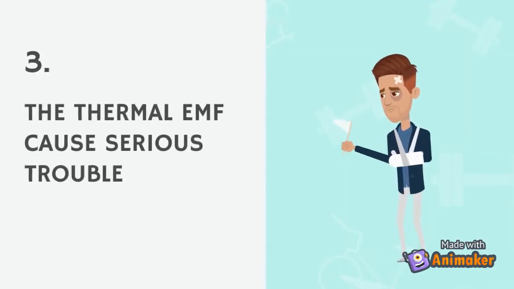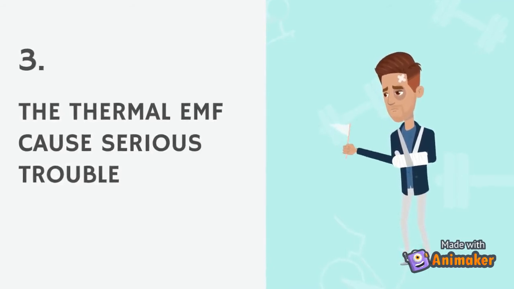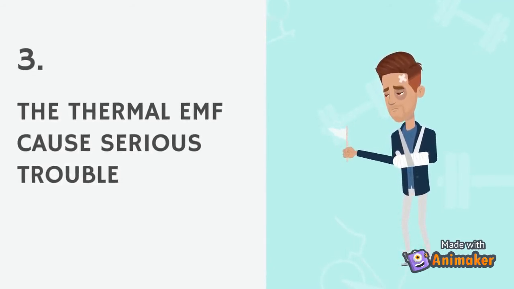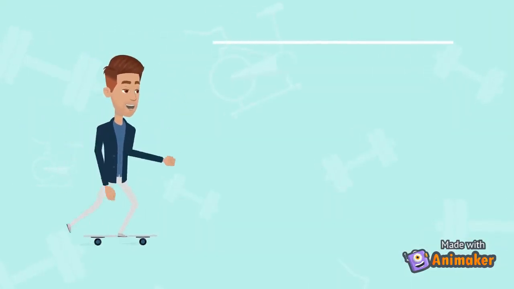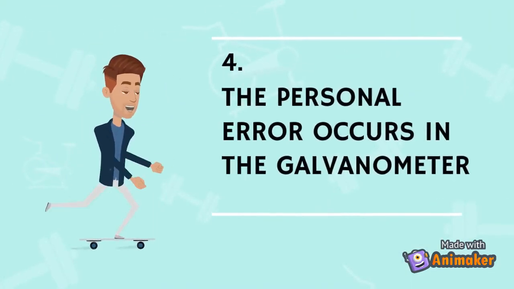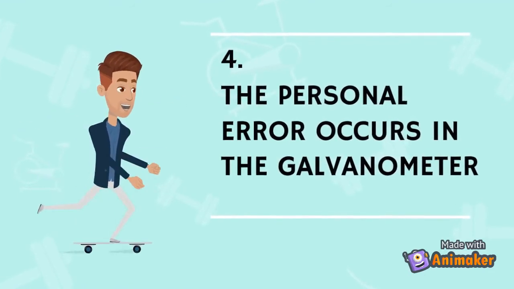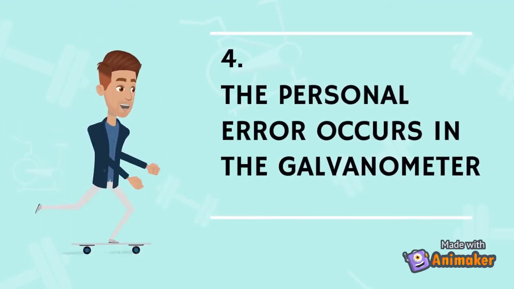Next, thermal EMF causes serious trouble in the measurement of low-value resistance. The last common error is personal error that occurs in the galvanometer by taking readings or by finding the null point.